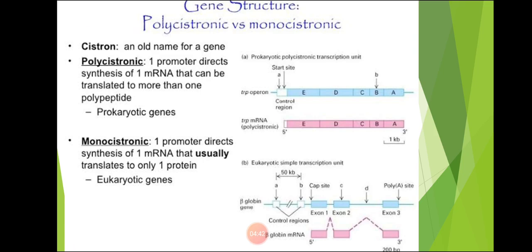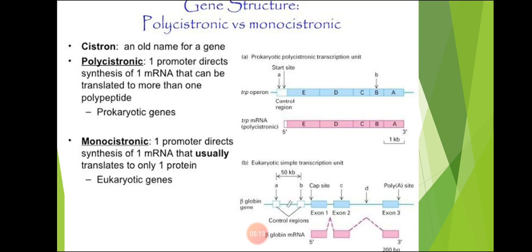Next, for the transcription unit, we need to study two more concepts, polycistronic and monocistronic. Cistron is an old name for a gene. Polycistronic genes are found in prokaryotes and monocistronic genes are found in eukaryotes.